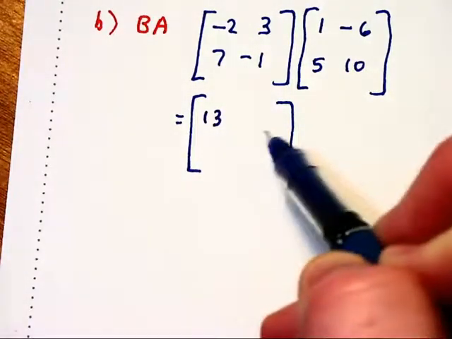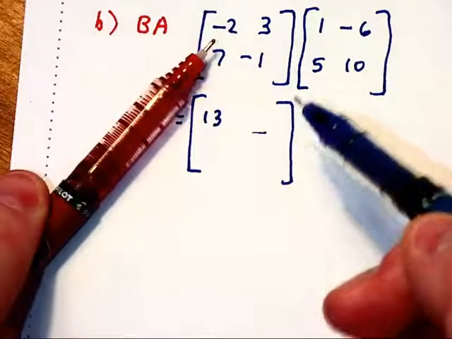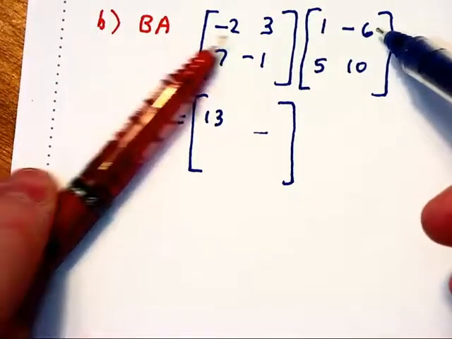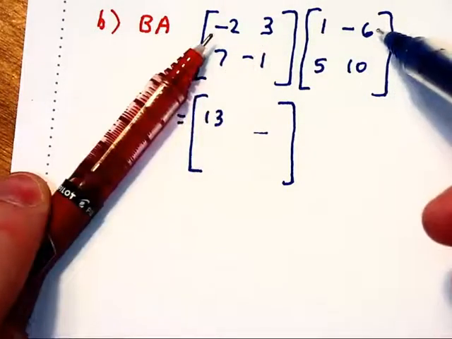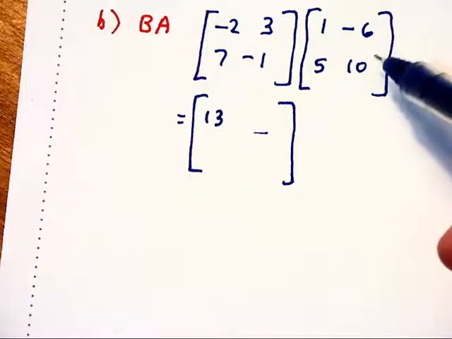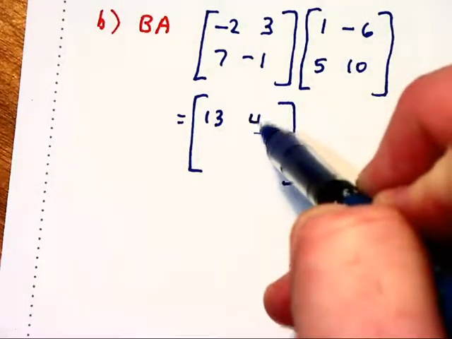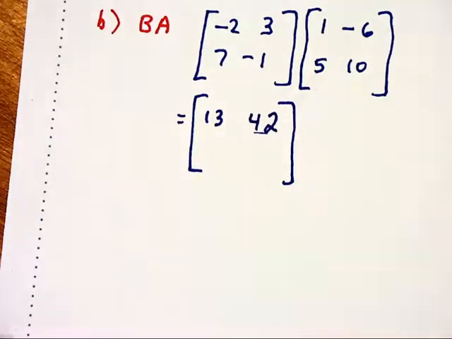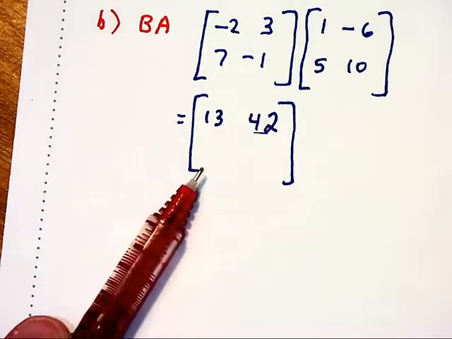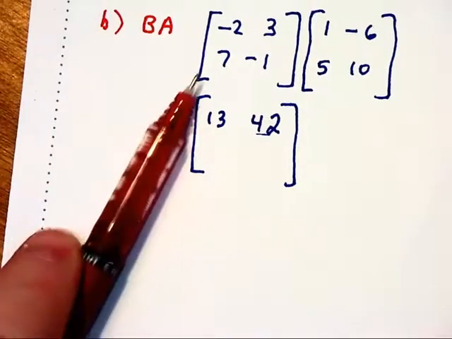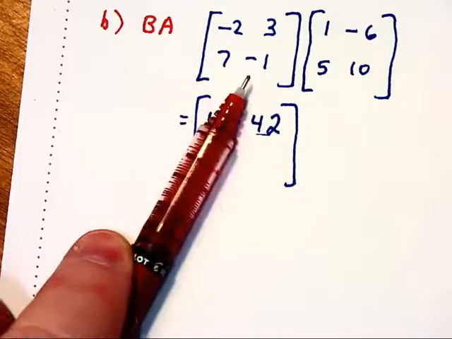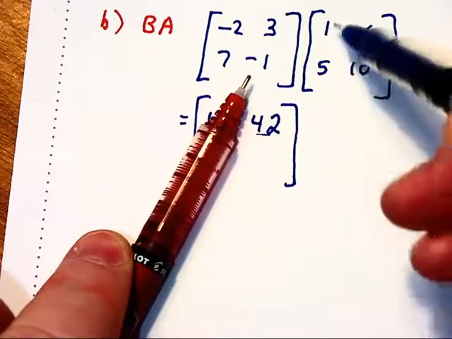Now I move on to row 1, column 2. Negative 2, 3 with the negative 6, 10. 12 and 30 make 42, and 42 goes in the top right corner. I now name this as row 2, column 1. So row 2 is the 7, negative 1. Column 1 is the 1, 5.